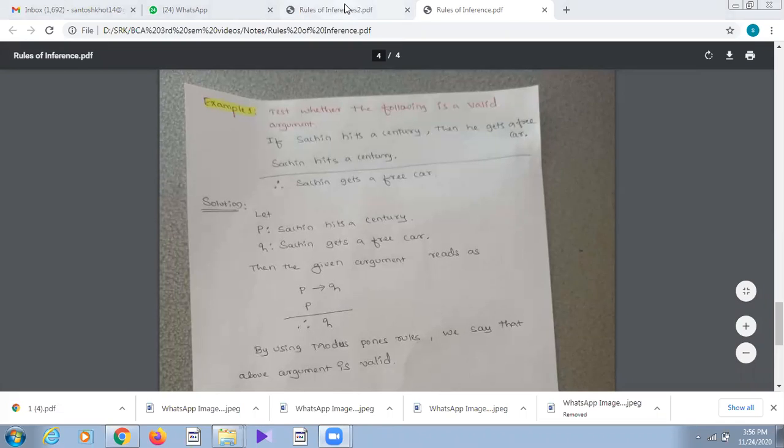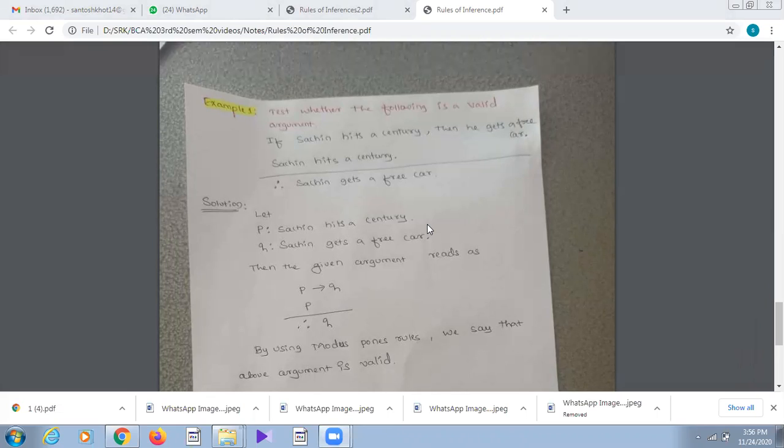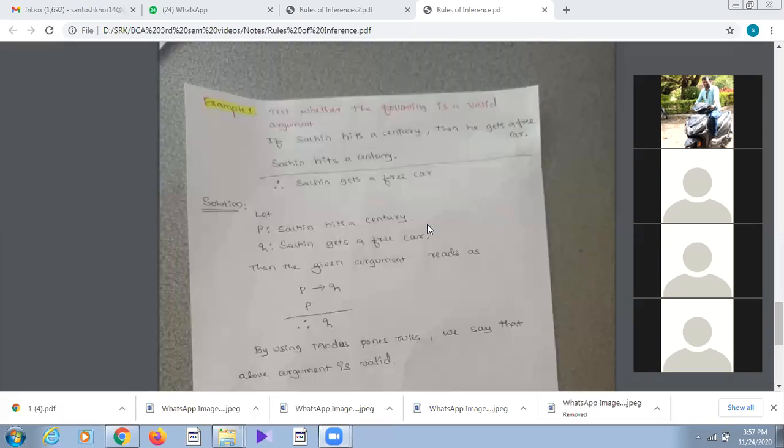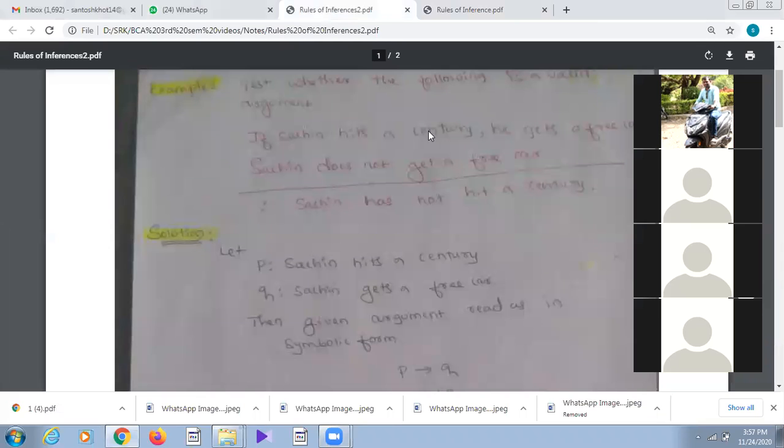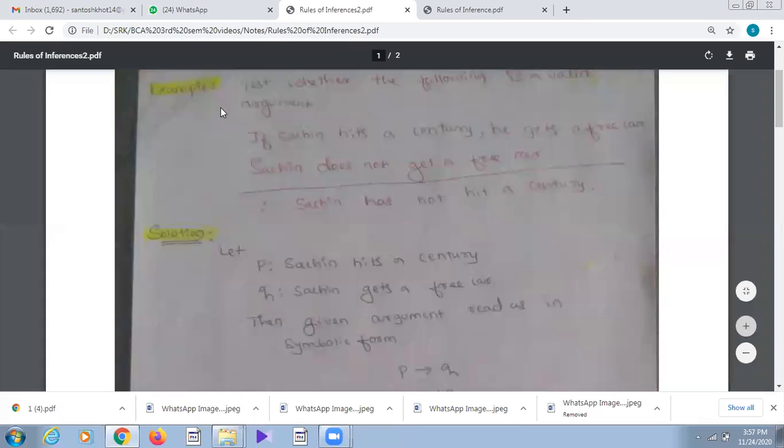So see here the next problem, the second one. Test whether the following is a valid argument.